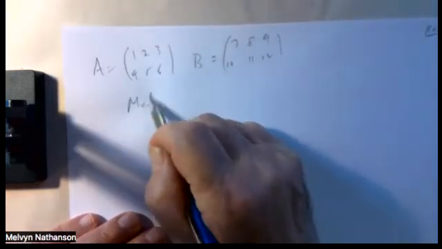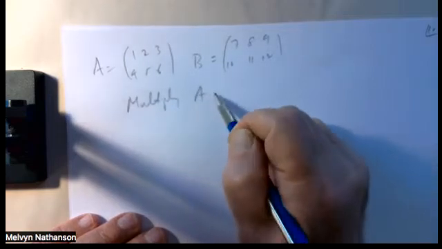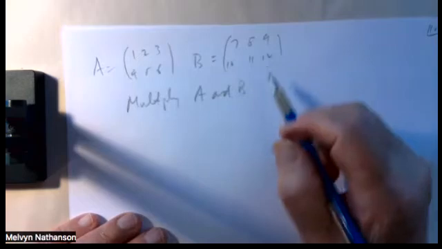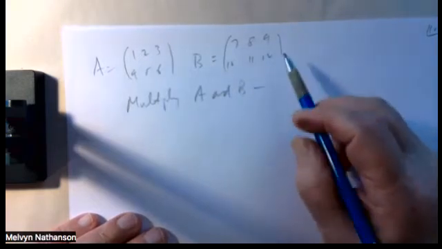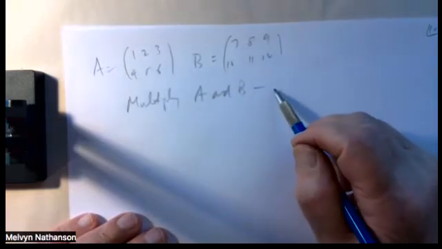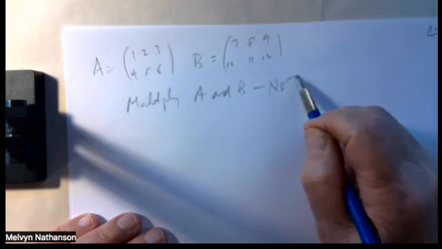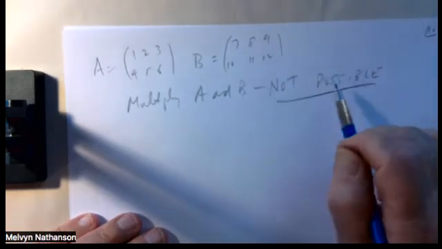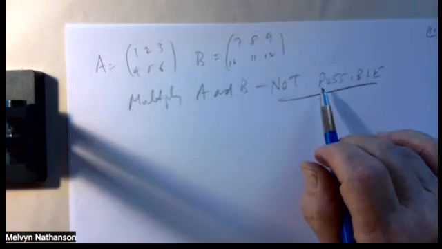We want to know, can we multiply AB? How do you multiply this by this? And the answer is not possible, in a way that is consistent with what we want to understand.